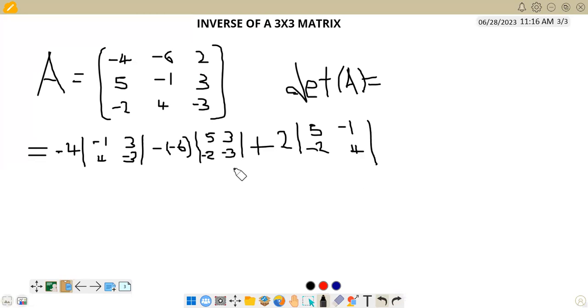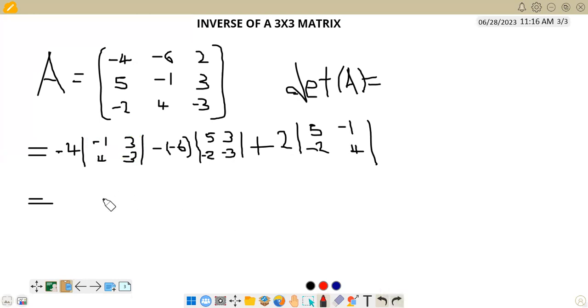Yeah, so this is the same way as a determinant 3 by 3. Then simplifying this, for the determinant of 2 by 2, we're going to multiply this diagonal minus this diagonal. The answer inside multiplied by the scalar outside.